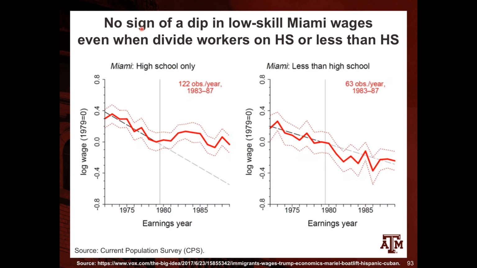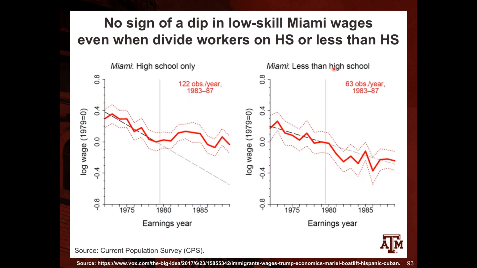Again, no sign of a dip in low-skilled Miami wages, even when we divide workers into high school or less than high school. Those workers with high school only were already experiencing a decline in their earnings over time before the Mariel Boatlift, but after the event, their earnings actually stabilized.